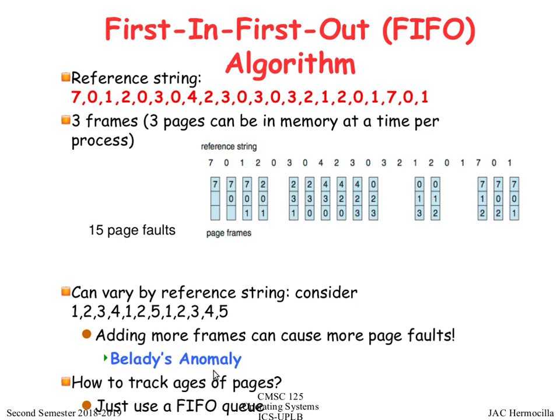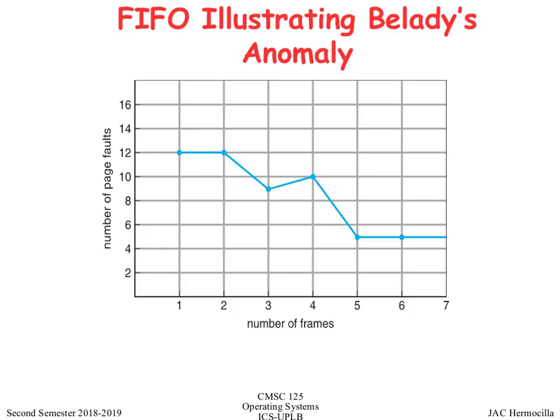And Belady's anomaly actually is an example that although if you use the first in first out page replacement algorithm, even if you increase the number of frames, it's also possible that the number of page faults will increase. As shown in this graph, the trend of the number of page faults relative to the number of frames without Belady's anomaly should be going downward.